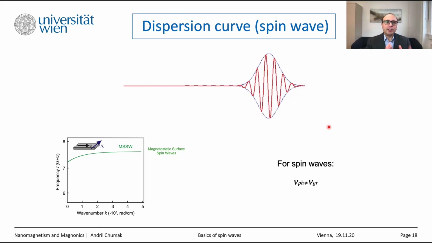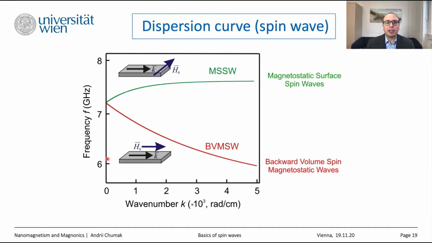But another very interesting point about spin waves is that we have a possibility to change this dispersion strongly, and there are many parameters to do it. For example, you can just change the orientation of the applied magnetic field. It was perpendicular like this, and now you change it to be along, like it's shown here.